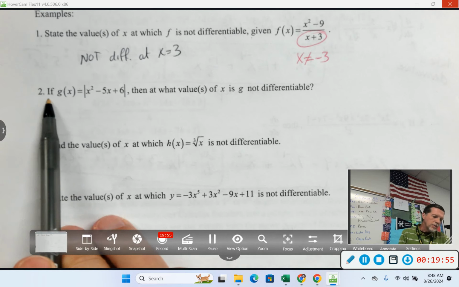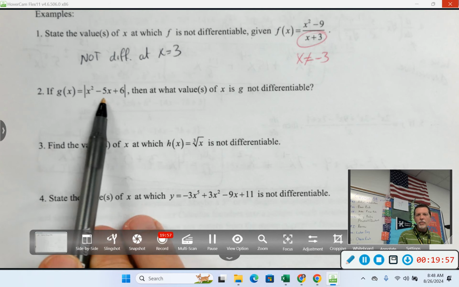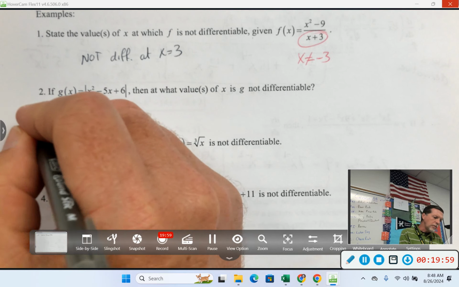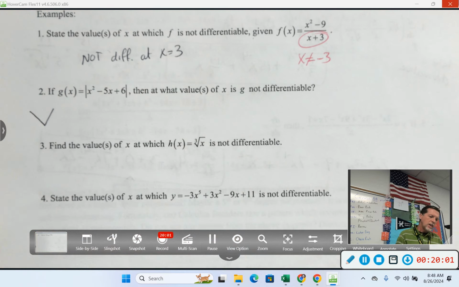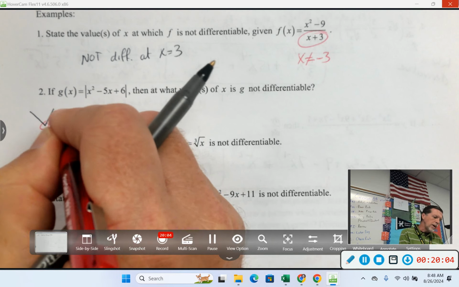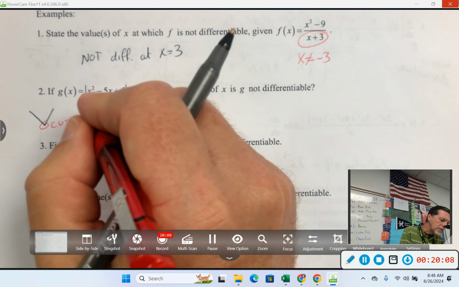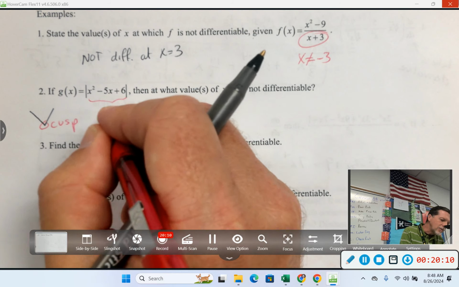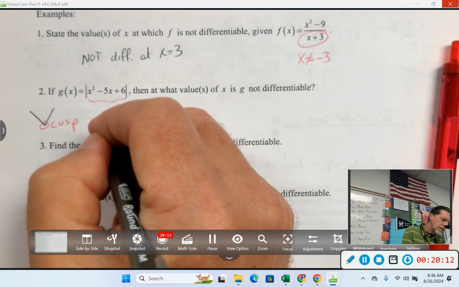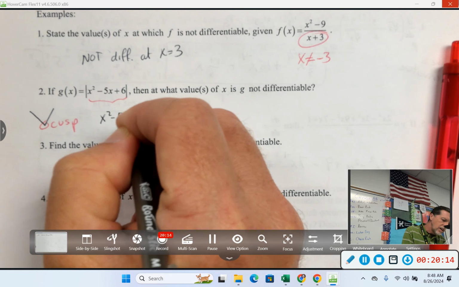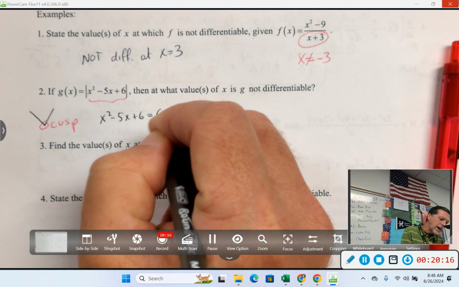All right, number 2. That's weird looking. Absolute value. Usually we think of absolute value as just the v. So yes, we're worried about a cusp. The cusp happens when the inside is equal to 0. So I think this one might have 2 cusps.